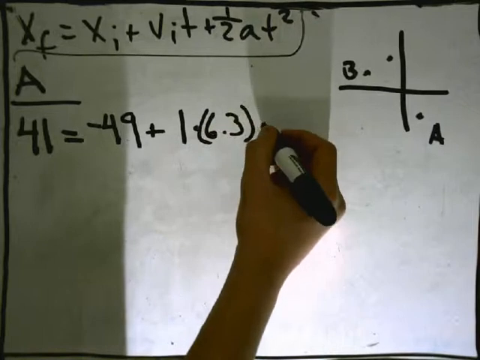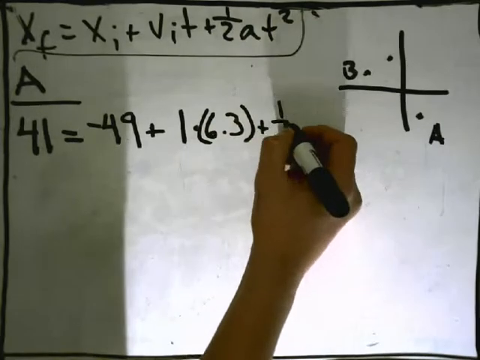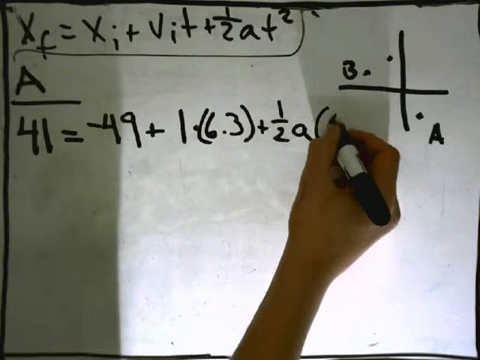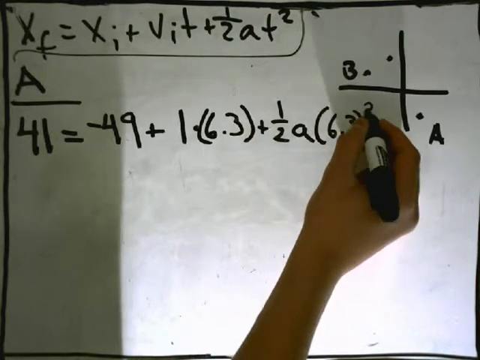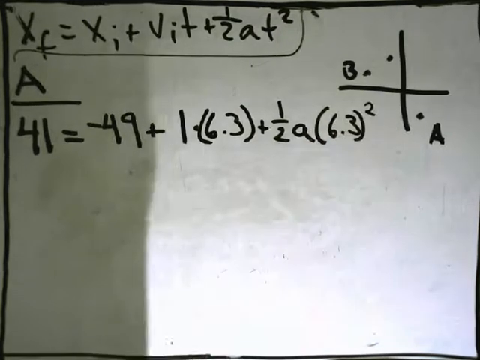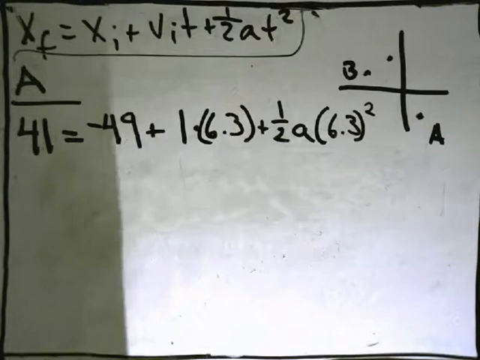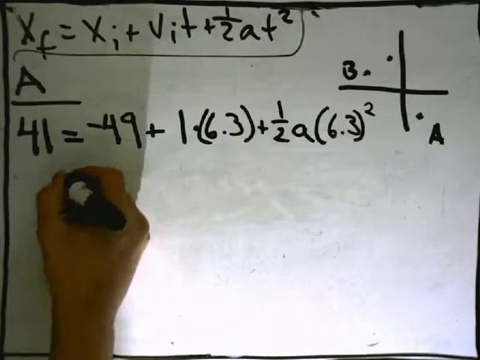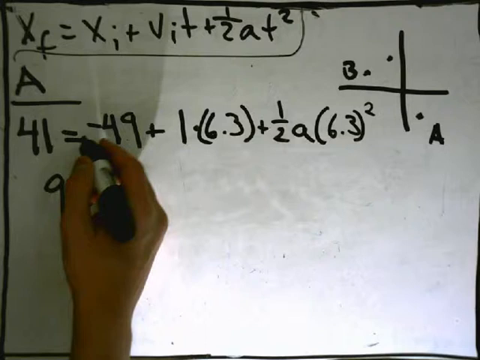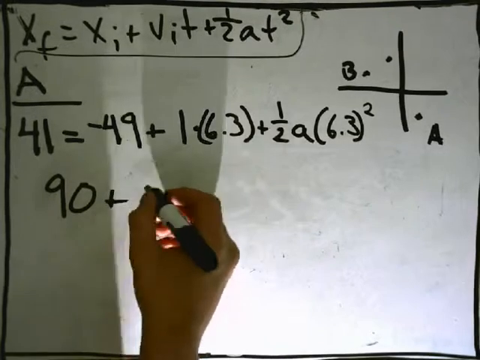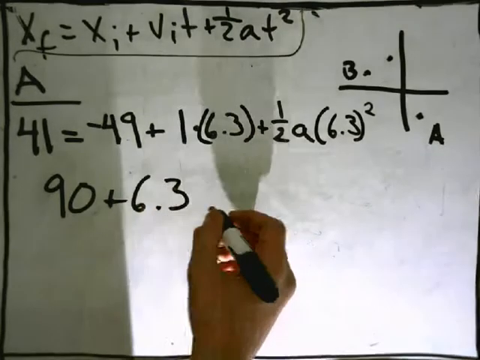So now we're going to start simplifying this. I'll just carry the 49 over, because I'm adding it to both sides, and then simplify this out. 6.3 squared is 39.69.